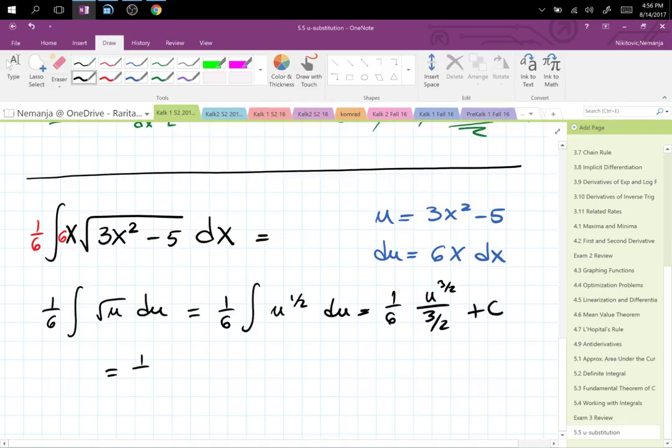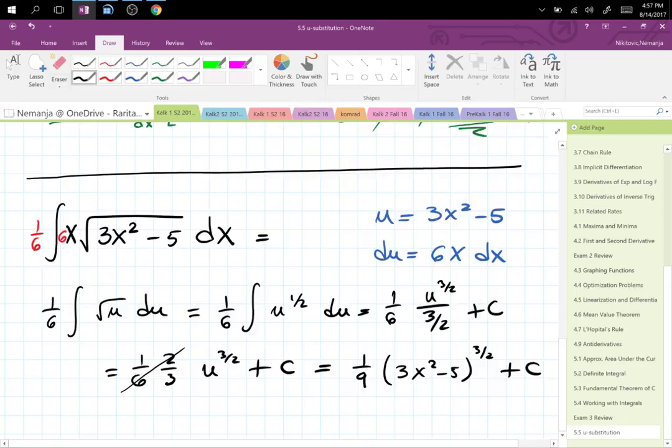That is equal to 1 over 6 times 2/3 of u to the 3/2 plus c. And now we just substitute back x. So 2 and 6 will cancel. We get 1 over 9. I'm not going to do the square root. I'm going to actually put 3x squared minus 5 to the 3/2 plus c, and that's the answer.